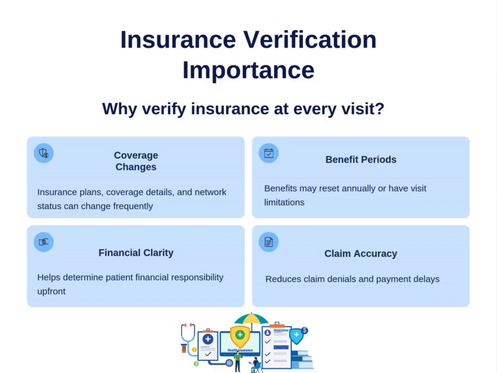So how we verify insurance is, when the patient comes in and we have their insurance card and their insurance information, you can go on the insurance provider's portal or website, type in the patient's information, and it should tell you fairly quickly if that insurance is active and for how long.